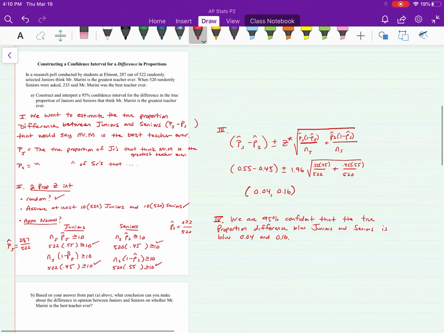So that's how you make a 2 prop z interval. That's all 4 steps. That's how you construct and interpret a 95% confidence interval for the difference in 2 proportions.